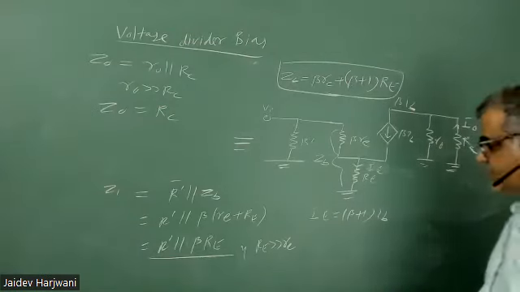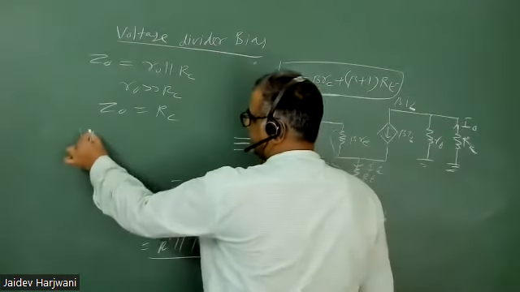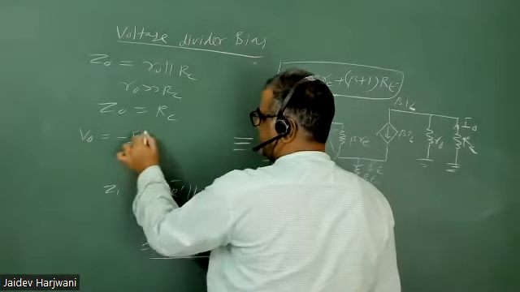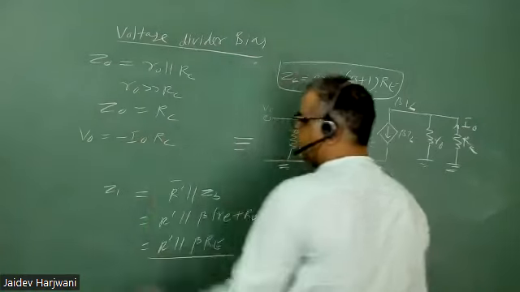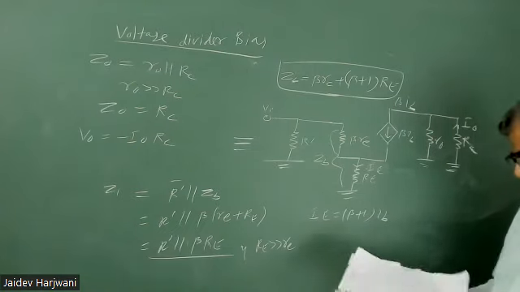Now AV will change. V output will change. I want V output, that will be minus I0 RC. So let us now find out what is your I0 RC. This will be the same. Let us check what is the same, what will change.